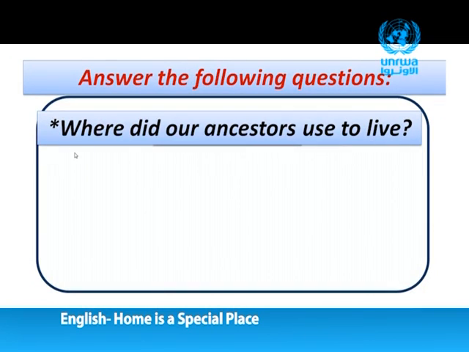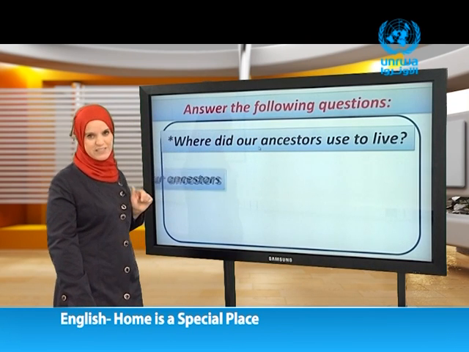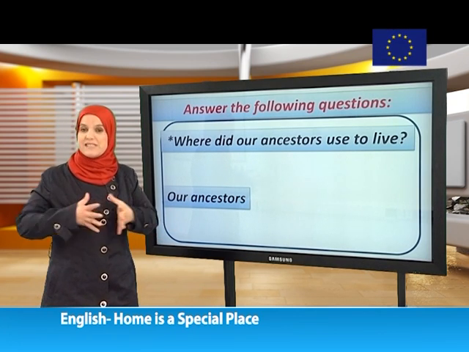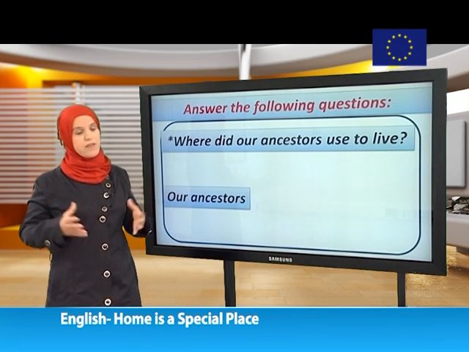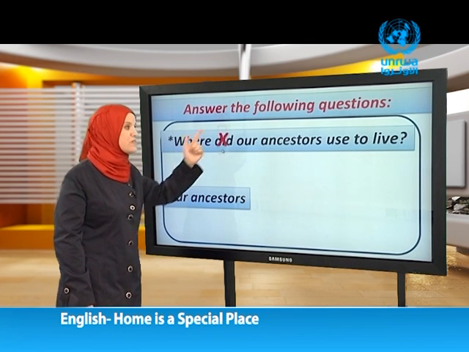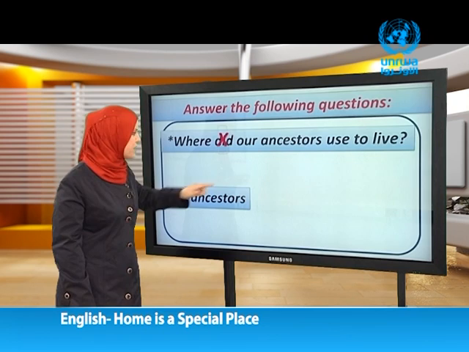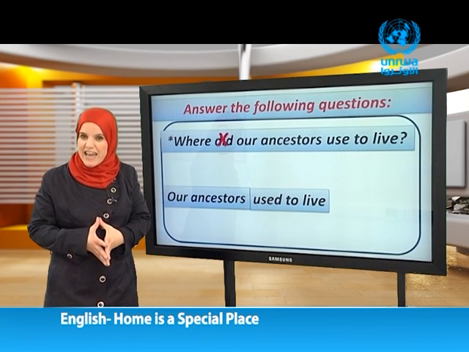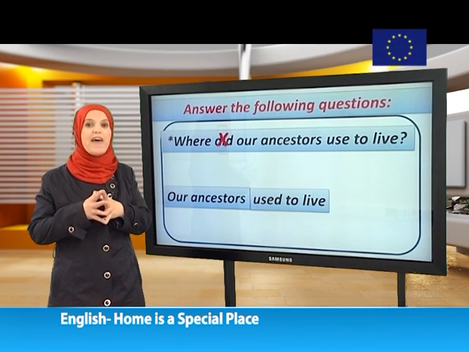We will begin with the subject. Remember to write it with capital letter. We can replace it with the pronoun they. We don't need did, but remember to use the past form of the verb. So, used to live. Now, let's scan the paragraph and look for the answer.